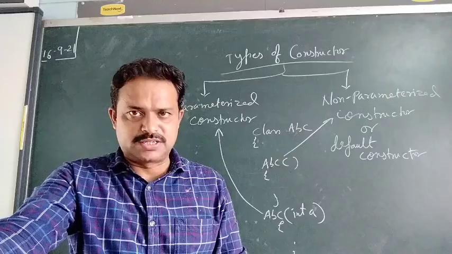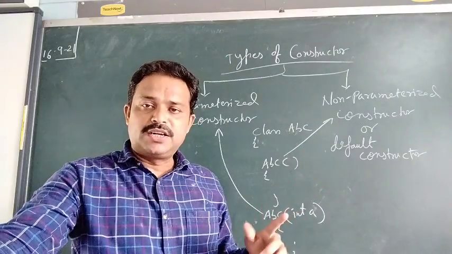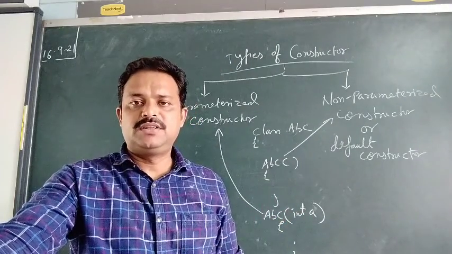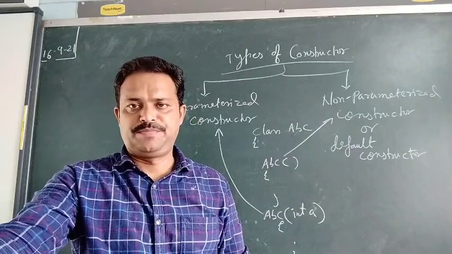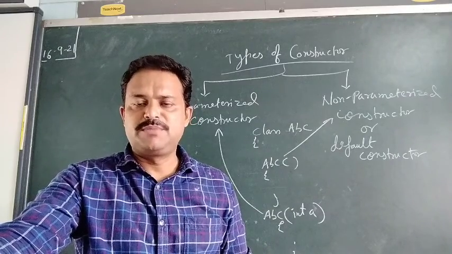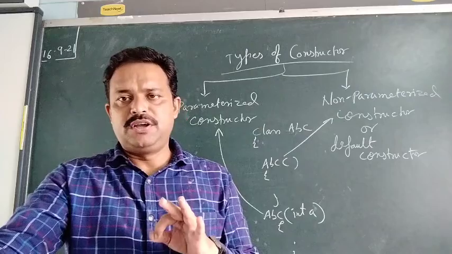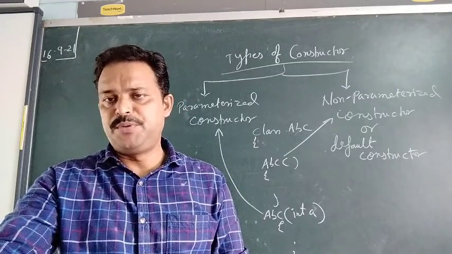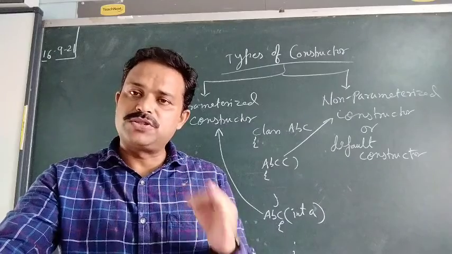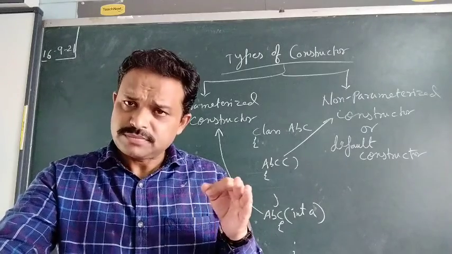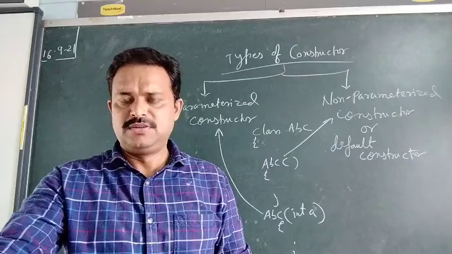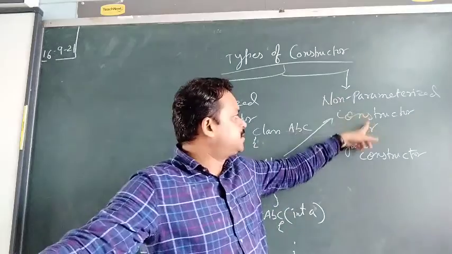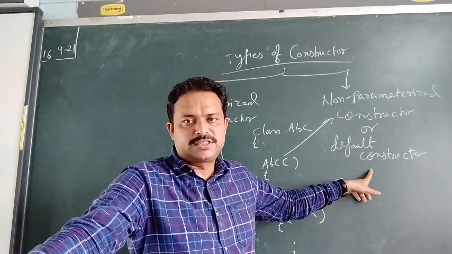And if a constructor does not contain any parameter, that is also known as a default constructor. Why do we say default constructor? Because the constructor which the computer calls is also non-parameterized. That is why we say that a non-parameterized constructor is also known as a default constructor.